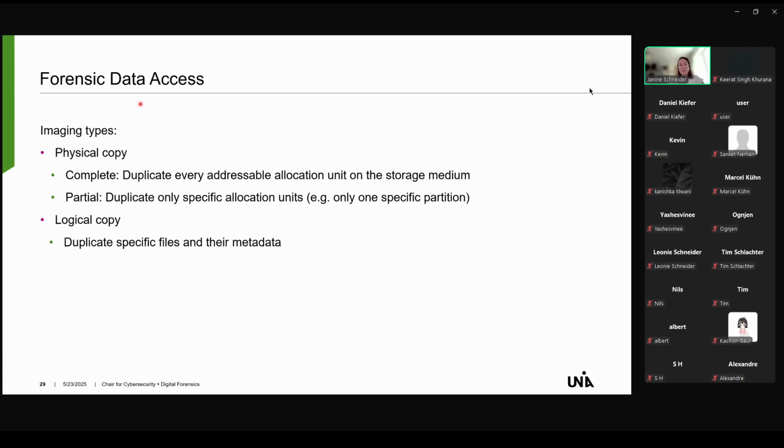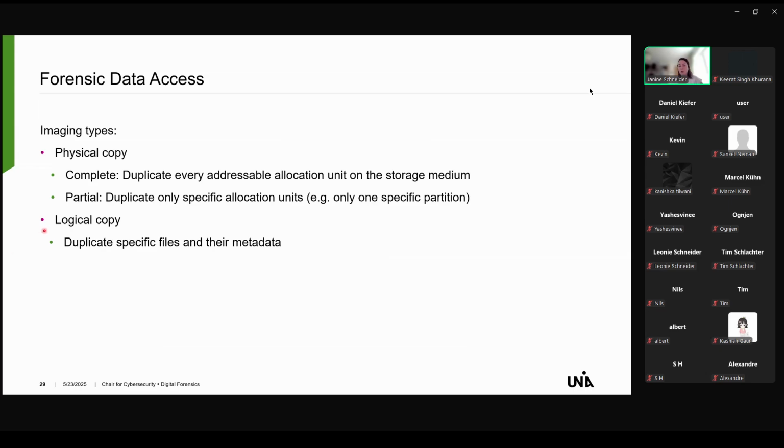And for the imaging process, there are several types of images that you can create. There is a physical copy, that is the 1-to-1 bit copy. You can do that completely, like duplicate everything from the device. You could copy partially, so only a specific partition or only a specific file.